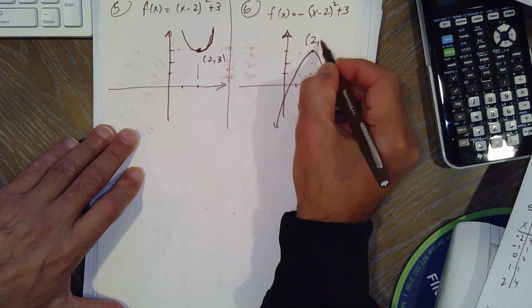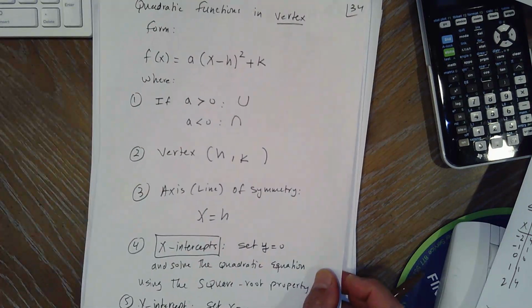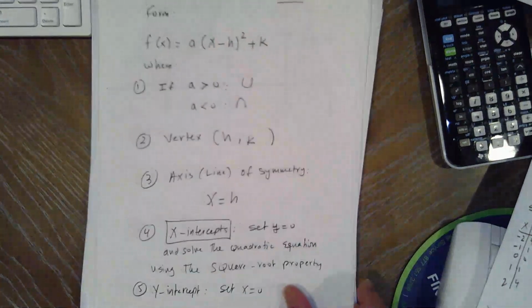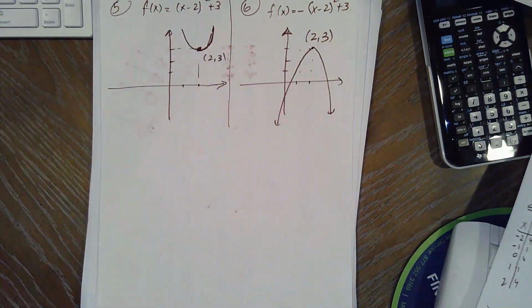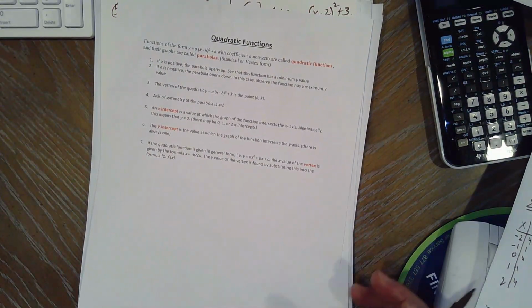Okay, the vertex is at 2, 3. So having said all that, if you look at 34, it shows you all these steps, and I also have it on a handout, under handouts. So this is not in the notes, it's under handouts on D2L.